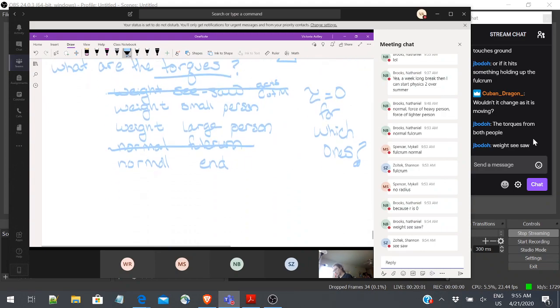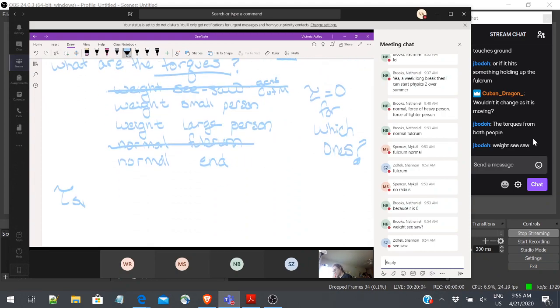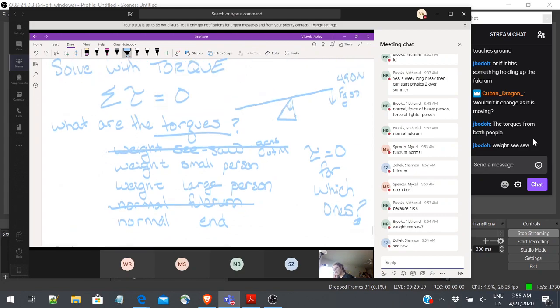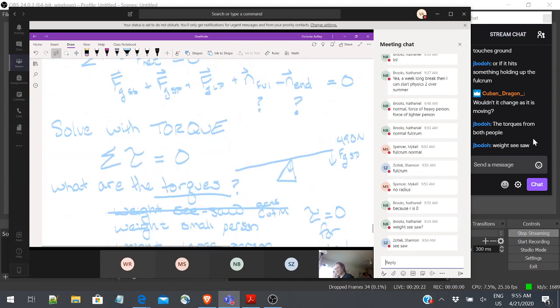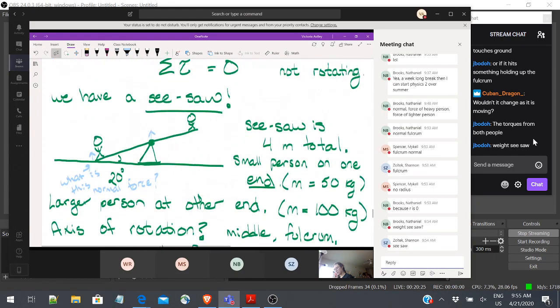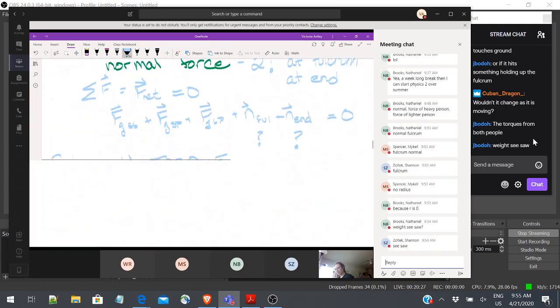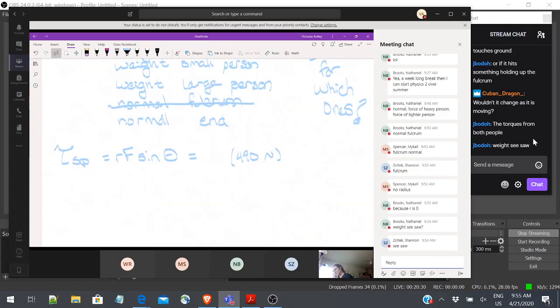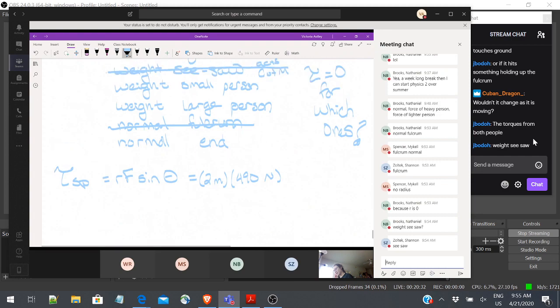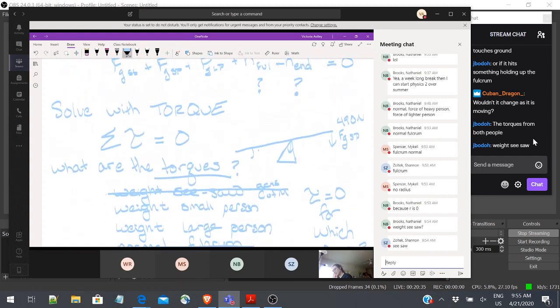So the torque from the small person is F R sine theta. Okay. F is 490 newtons. What's R? And what's sine theta? I decided it was 4 meters long in total, so my R is going to be 2 meters. And I decided this is 20 degrees. So what is my angle theta?